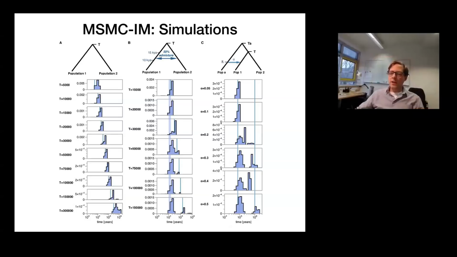And the third scenario we simulated is one with archaic admixture. Here you have a split time between POP1 and POP2, and then you also have in one of the two populations a contribution from an archaic population that split much deeper in time. Again, you should see two peaks, one around the time of the split between POP1 and POP2, but that shouldn't bring all the ancestry together, because parts of that ancestry should go back all the way to Neanderthals.